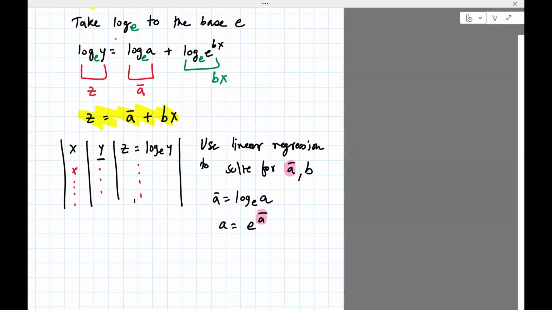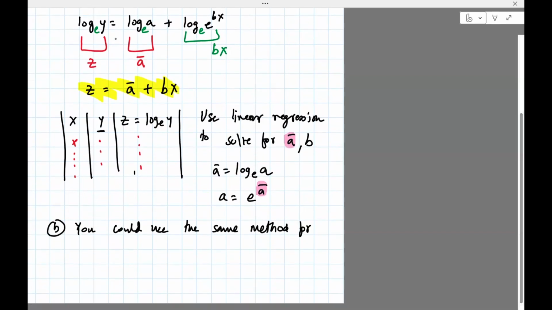Yeah, now you could use the same method for something like this. Okay, so you could just take log, it doesn't really matter which log of what.